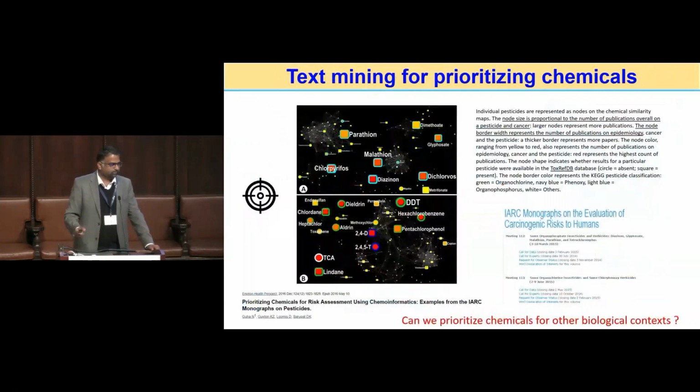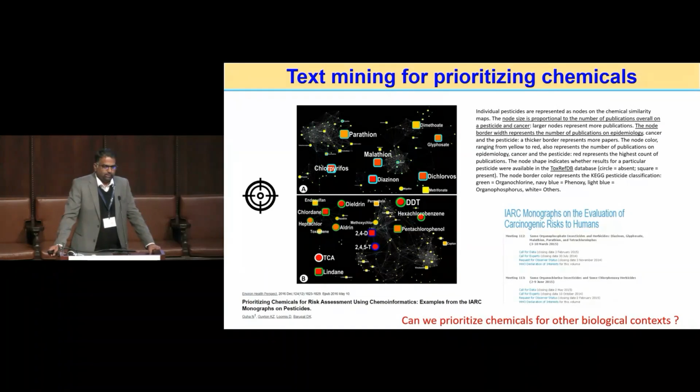I had the privilege to work with the IARC monograph team to analyze the availability of evidence in the literature for pesticides. In this picture, we see organophosphorus on the top part and organochlorine at the bottom. The size of the node represents how many papers are on pesticides and cancer, and the border of the dots represents how many are actually from cancer epidemiology.